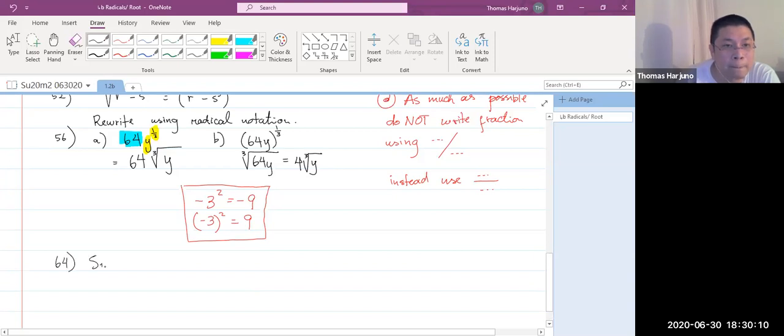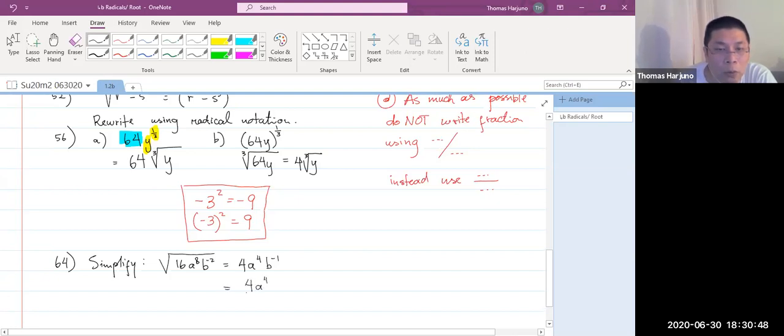Simplify the square root of 16 a to the 8, b to the negative 2. Now, square root of 16 is 4. Square root of a to the 8 is a to the 4. And square root of b to the negative 2 is b to the negative 1. But we don't like negative exponents.